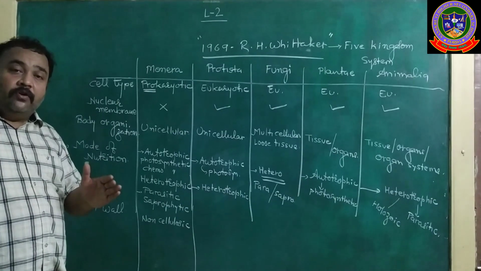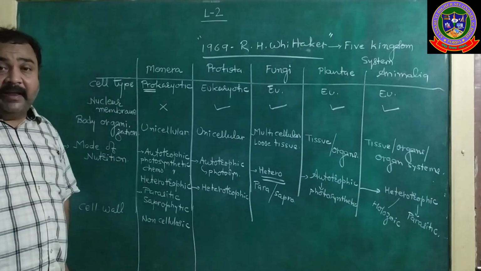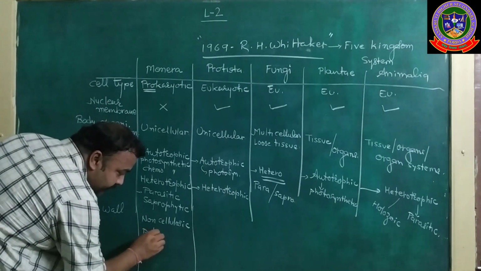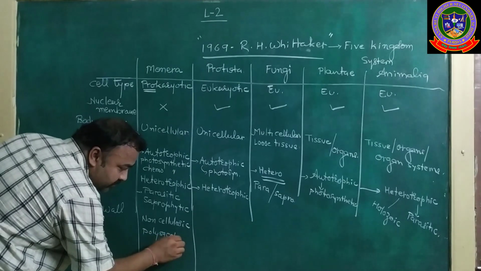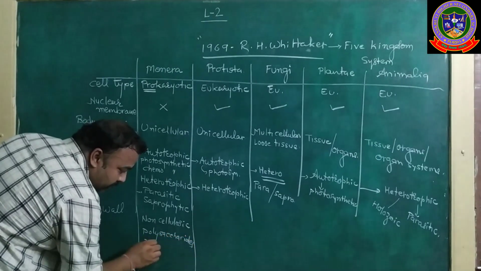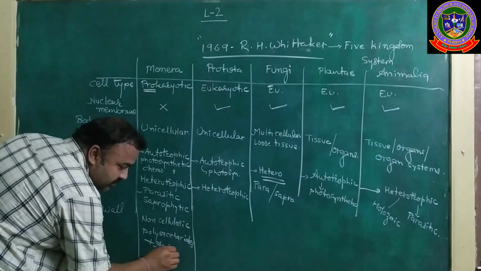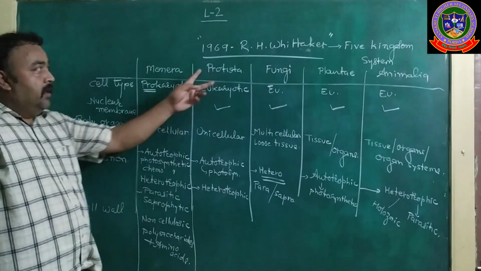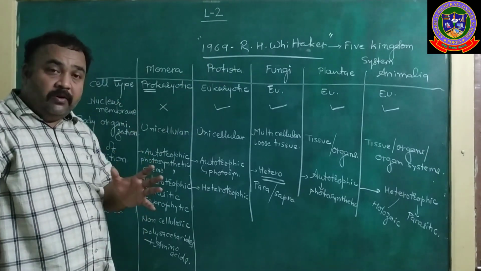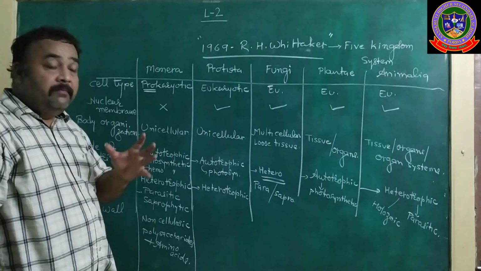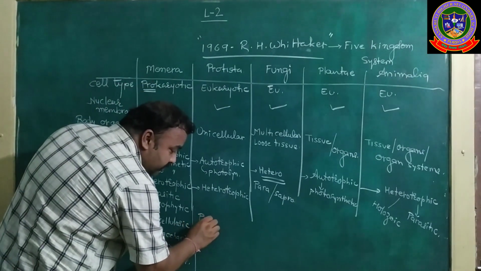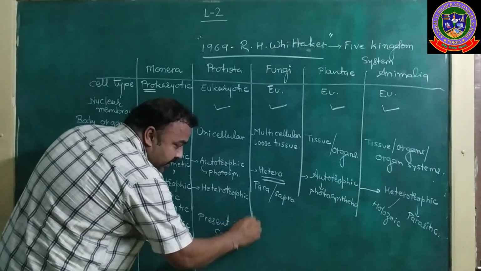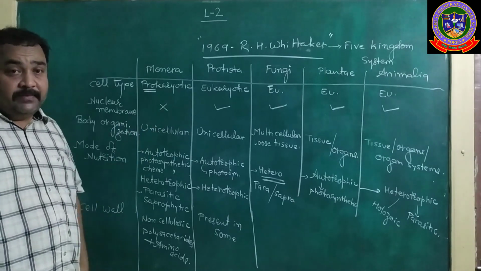The cell wall of organisms of Monera is made up of polysaccharides plus amino acids. In Protista, the cell wall, which is made up of cellulose, will be present in some organisms, and it will be absent in some organisms.